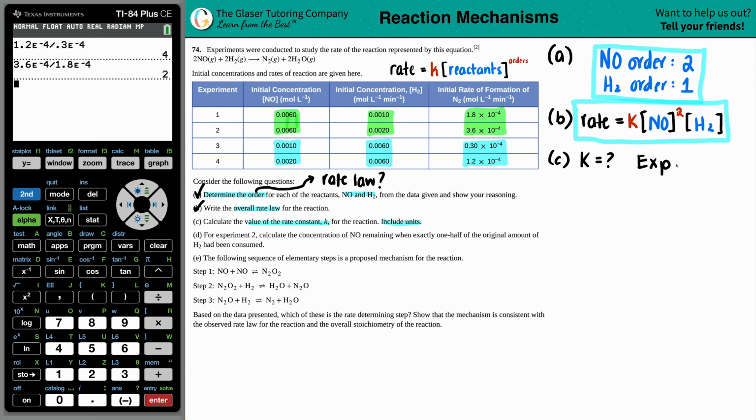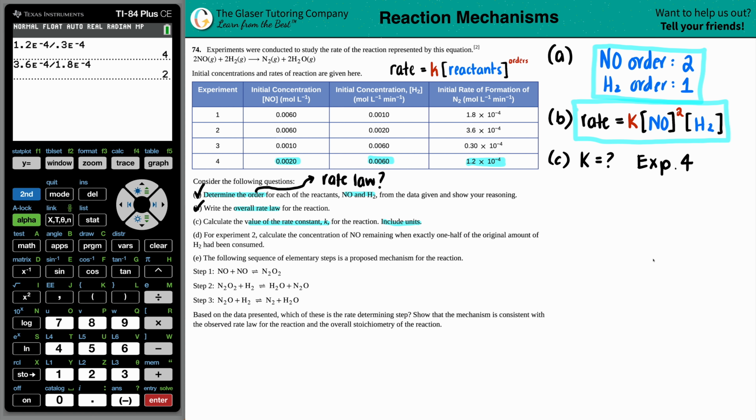So I'm going to use experiment 4's values. And just to not get confused, we don't need this anymore. That was for A. Now I'm just going to focus in on number 4's values.